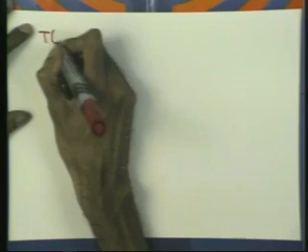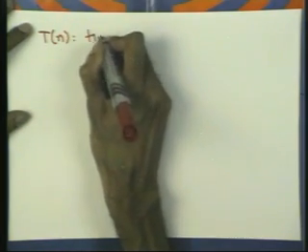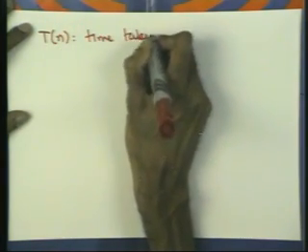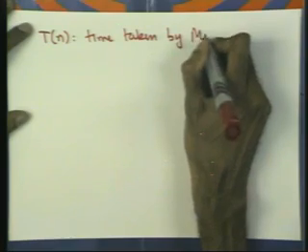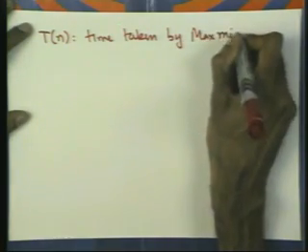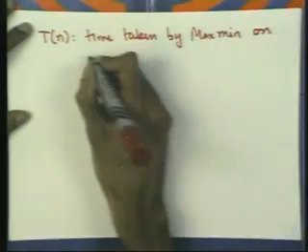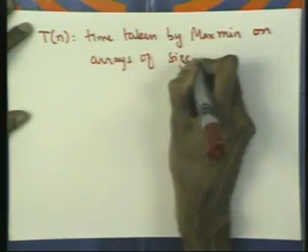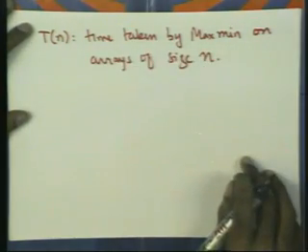So how many comparisons does this take? That's the question we need to answer. Let's say Tn is the time taken by max-min on arrays of size n.